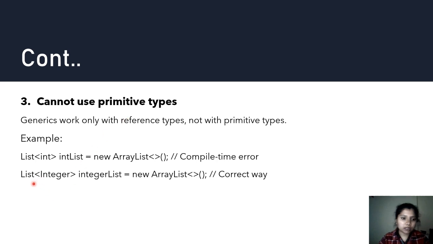We are creating a list named intList, and we are giving the data type as int, which throws an error at compile time. With the same intList, if we give the Integer data type, then there is no error. So these are the limitations of using generics in Java.